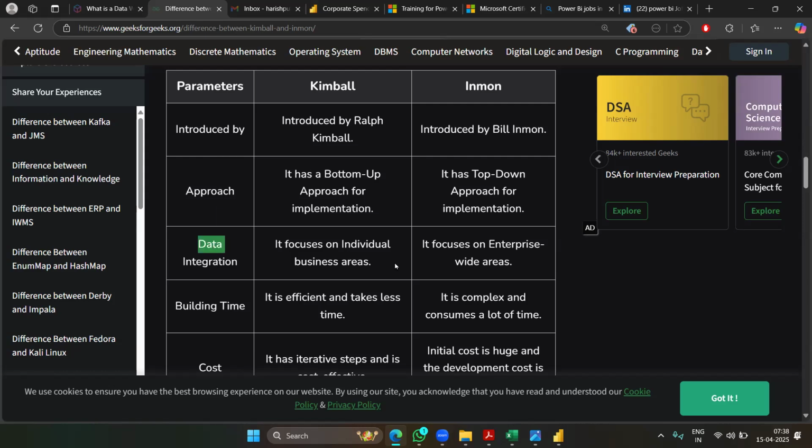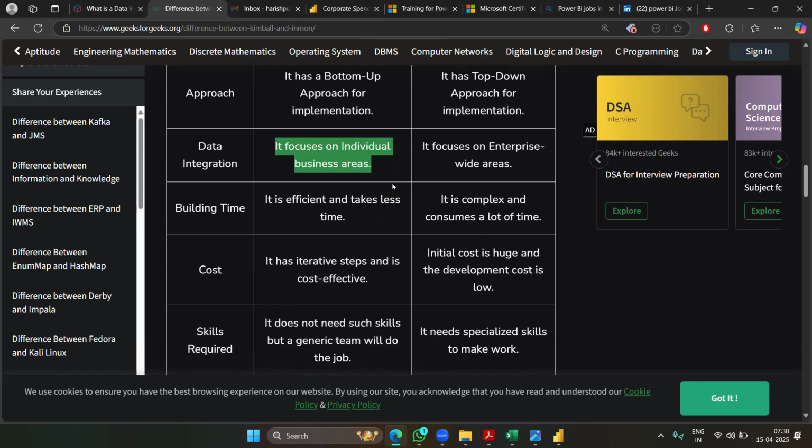For data integration, Kimball works on individual business areas, sitting with each business line and building it. Inmon focuses on enterprise-wide areas, because whenever we want to build an enterprise data warehouse, we need to correlate how each and every department is interrelated.